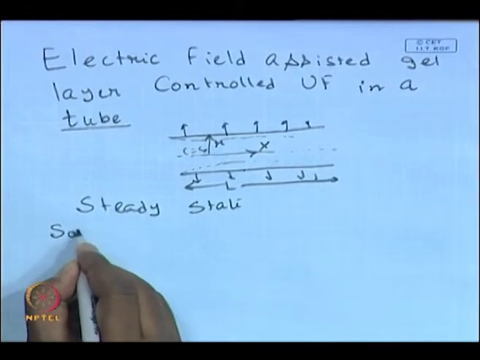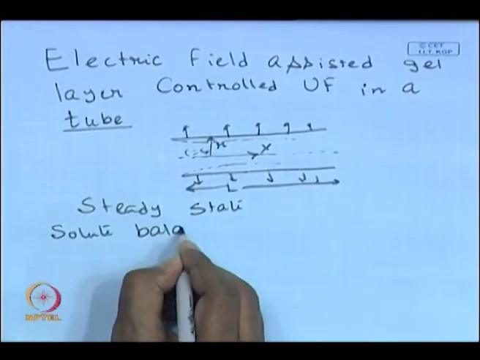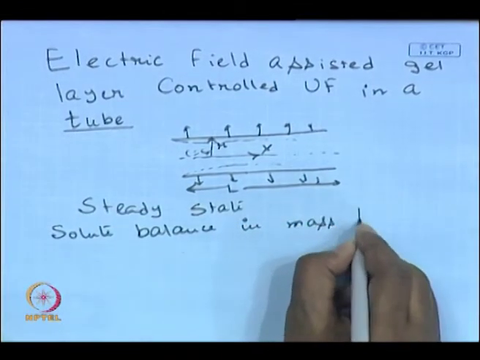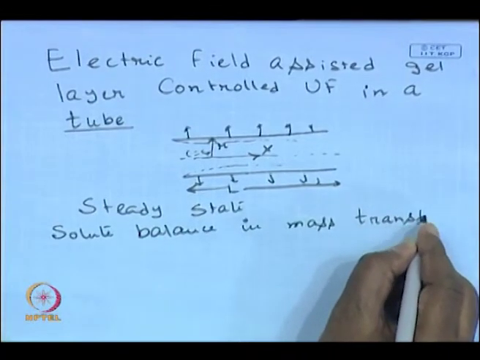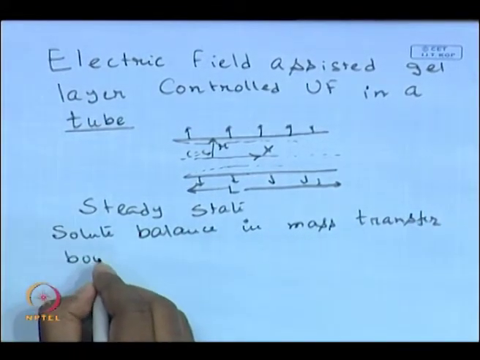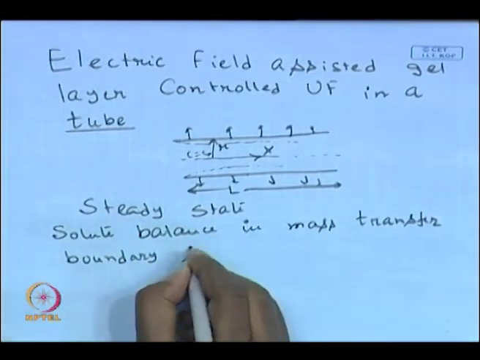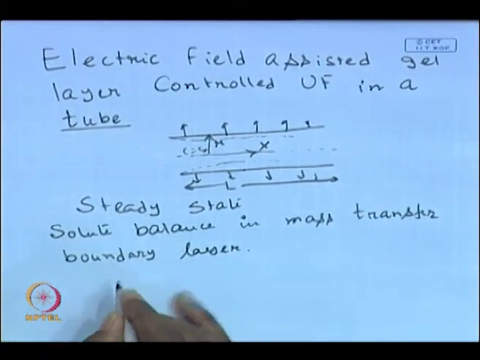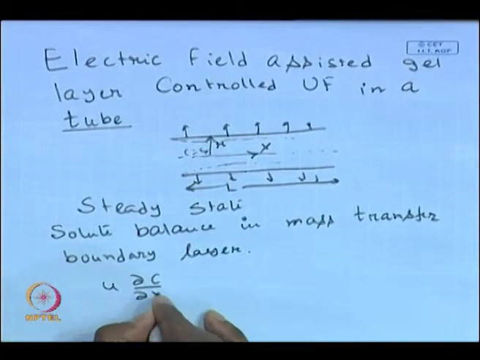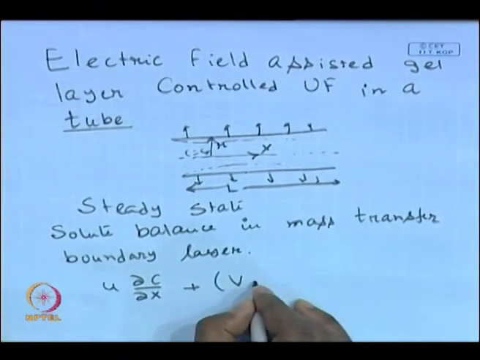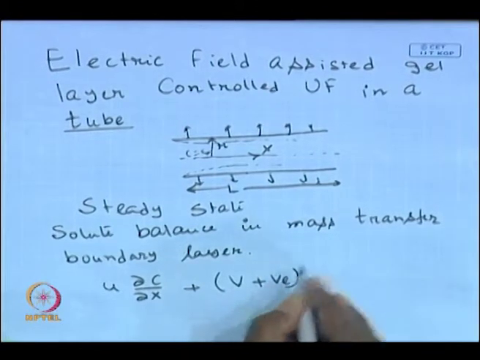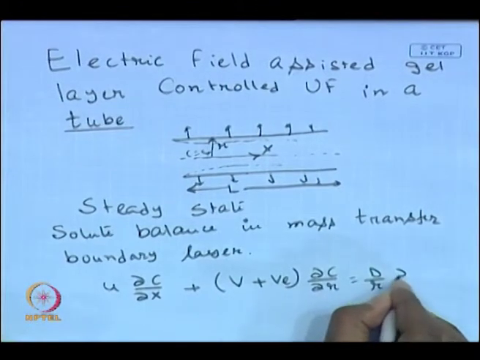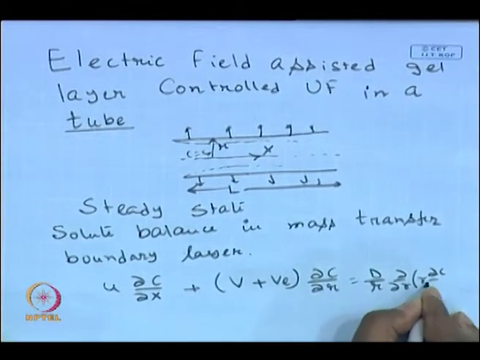So, the solute balance in the mass transfer boundary layer, if you write it in radial coordinates, becomes u del c del x plus v del c del r is equal to D by r del r of r del c del r.